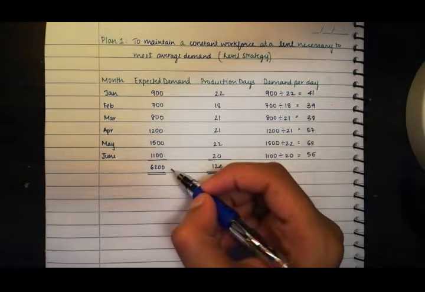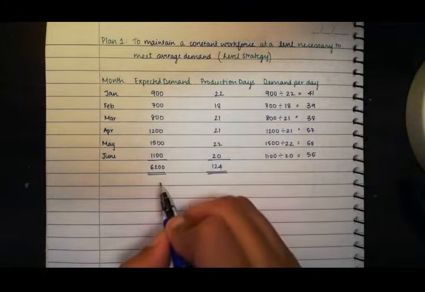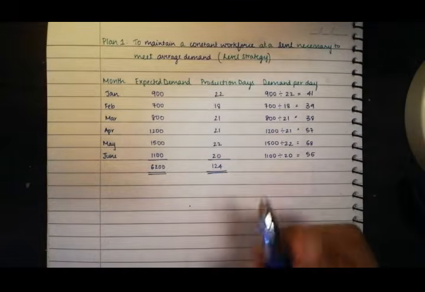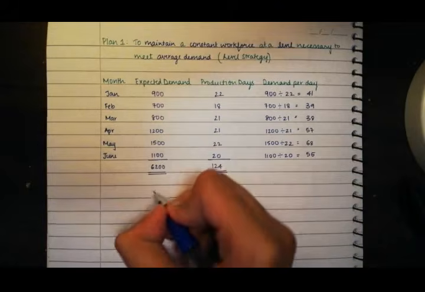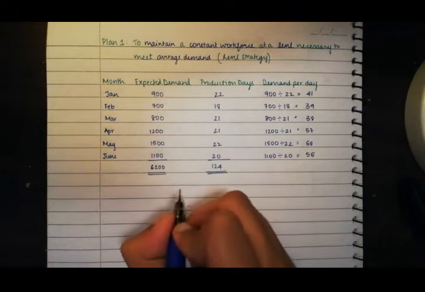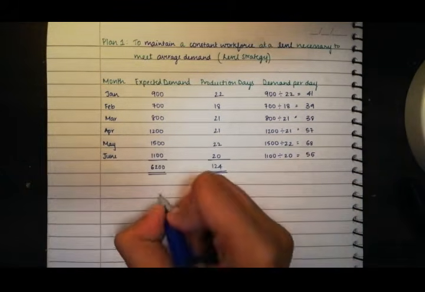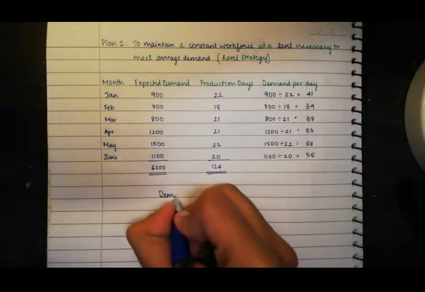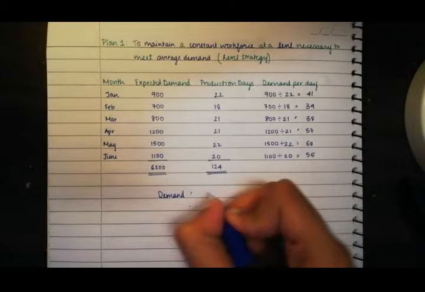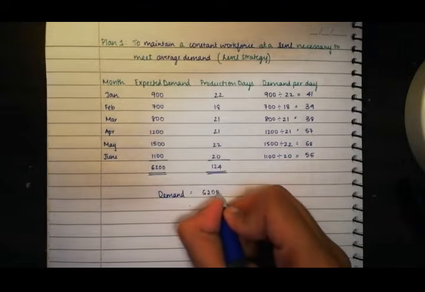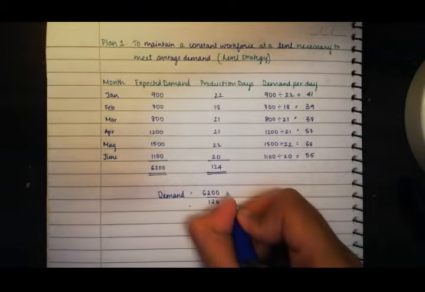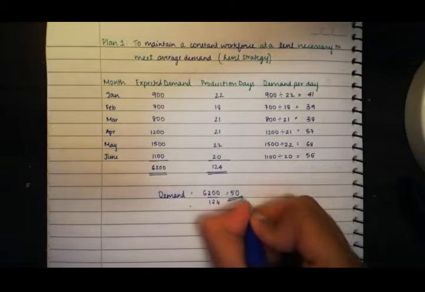And we find the total of the expected demand, that is 6,200, and we find the total of the production days, which is 124. And the demand for all the 6 months is going to be equal to 50 units.